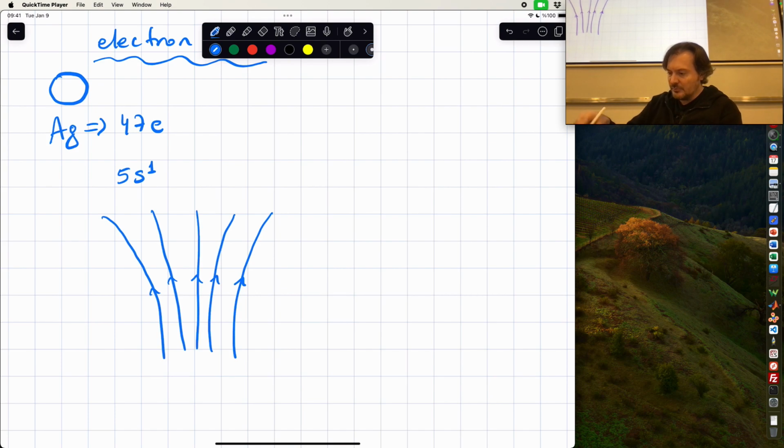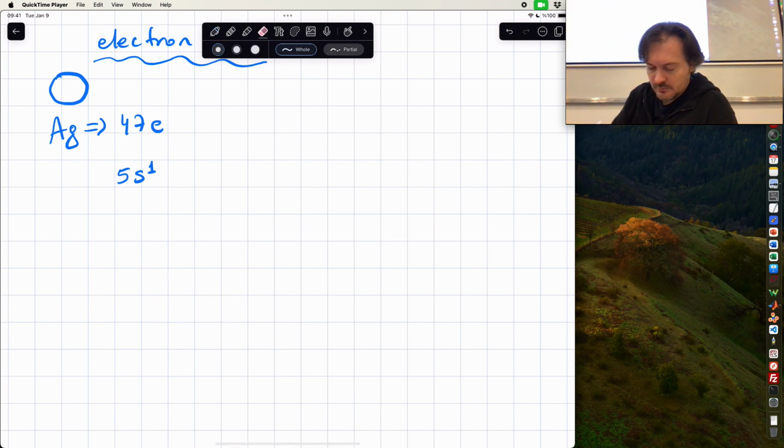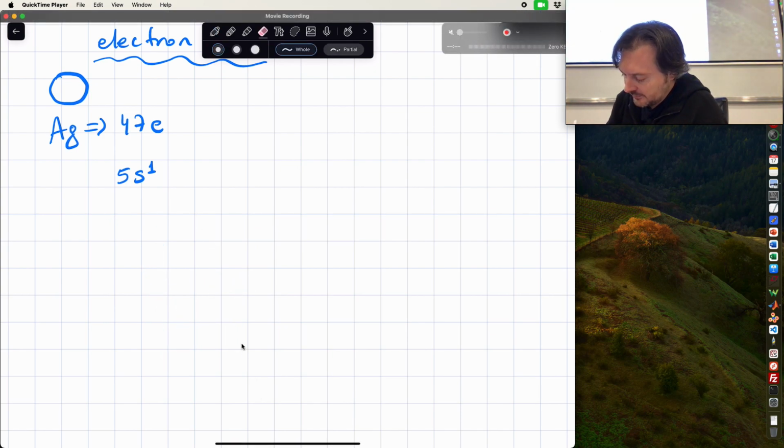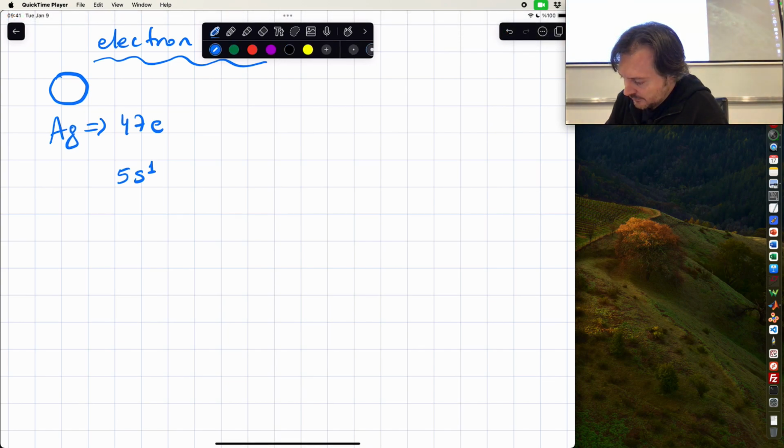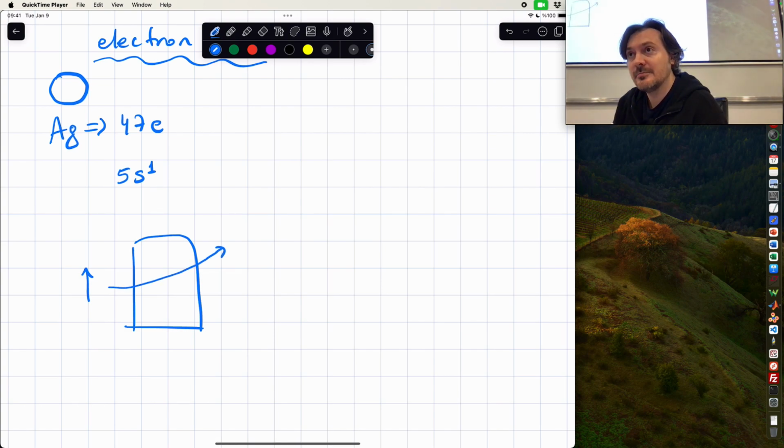I'm not sure which way the atom would go depending on this magnetic field, but the point is, depending on the gradient, if you enter with angular momentum pointing up, let's say, you go up. If you enter with angular momentum down, you go down.